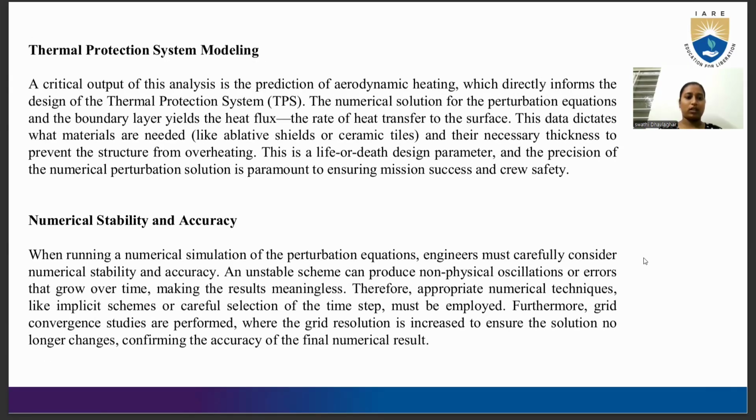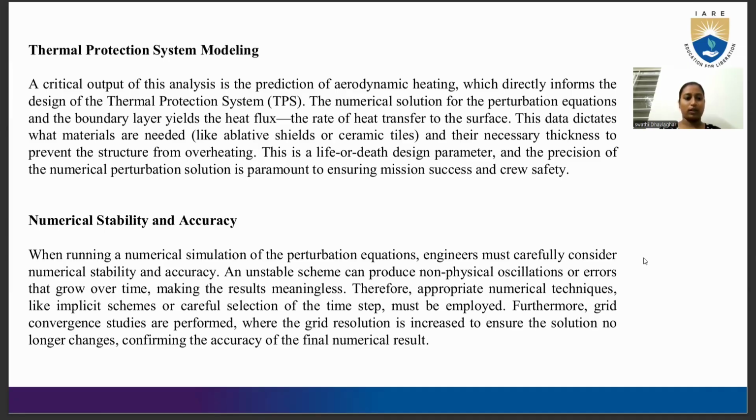Thermal protection system modeling. A critical output of the analysis is the prediction of aerodynamic heating, which directly informs the design of the thermal protection system. The numerical solution of the perturbation equation and the boundary layer gives the high heat flux and rate of heat transfer at the surface.